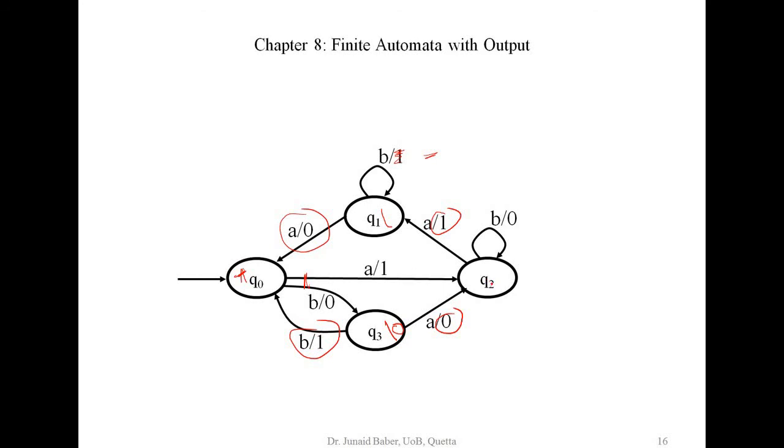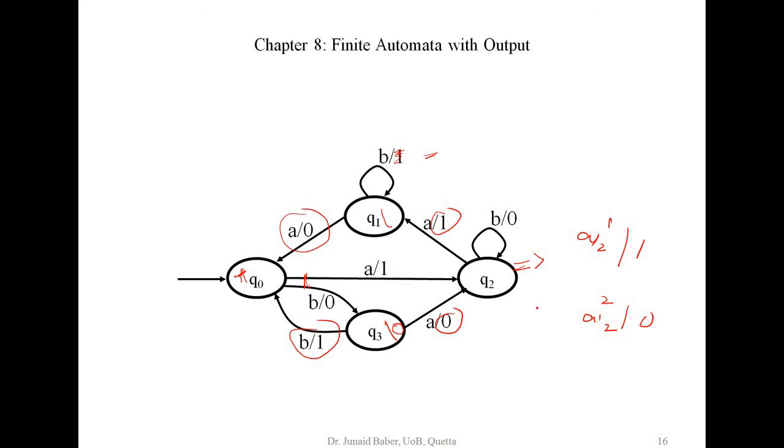So when Q2 is divided into two parts, for example, Q21 giving output 1 and Q22 giving output 0, this edge from Q0 that is coming to Q2 will come only to the part where the output is 1.